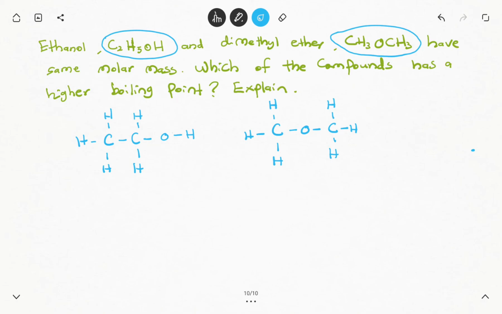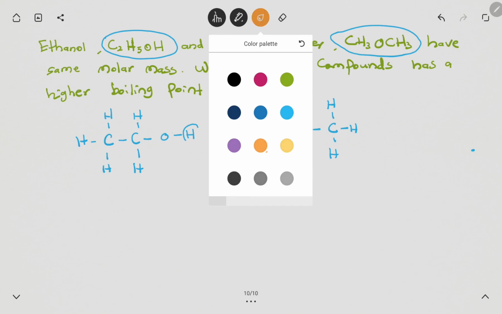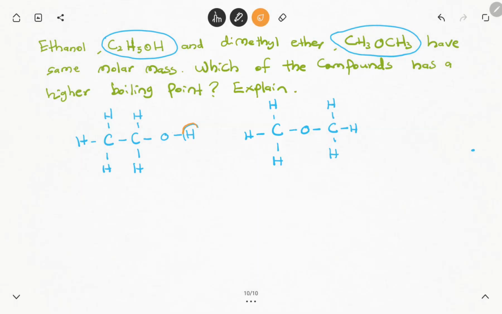If we check the hydrogen atoms in these two molecules, in ethanol we have hydrogen bonded to oxygen atom. This hydrogen is bonded to oxygen. While in dimethyl ether, all the hydrogen atoms are bonded to carbon atoms.